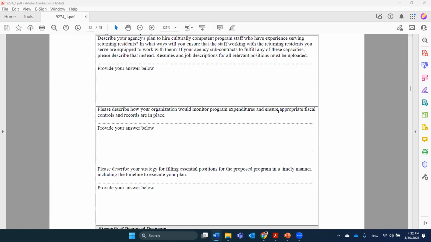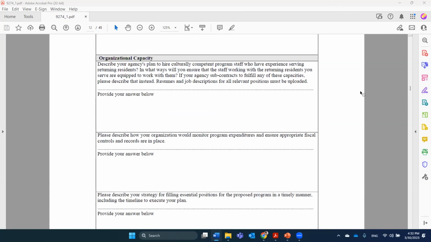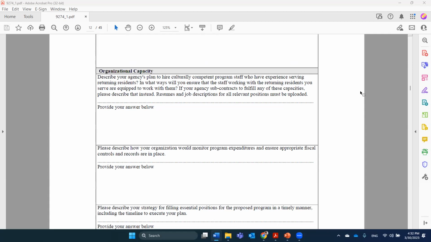Can I get a show of hands or something in the chat? Have folks looked at the RFPs on the Chicago e-procurement portal and how they're organized? It's always hard to put in the chat. Yes, okay, I see yes here. So within the RFP, it'll usually have a detailed description of the expectations of the program or whatever it is that they want to fund.